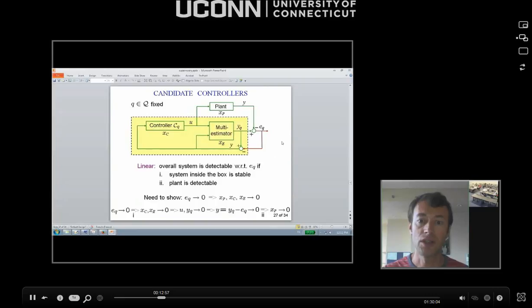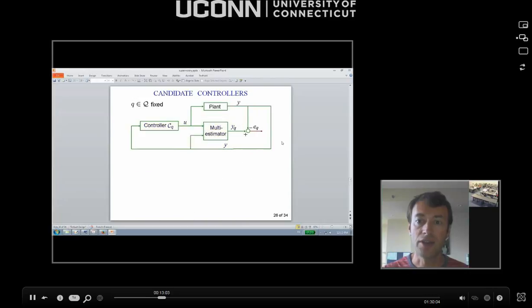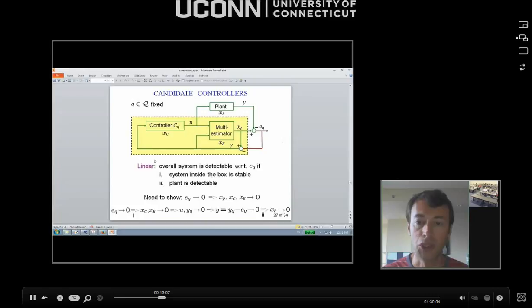Starting with this diagram, first ignore the text below. For some reason it should be animated, but it's not. So ignore the text below for right now, and just focus on this diagram. What I have here is I enclose inside the box the interconnection of the controller with the multi-estimator.